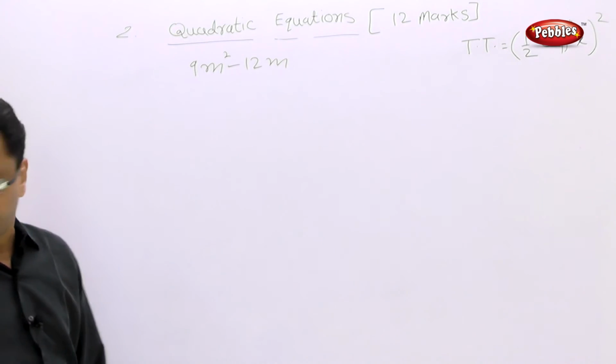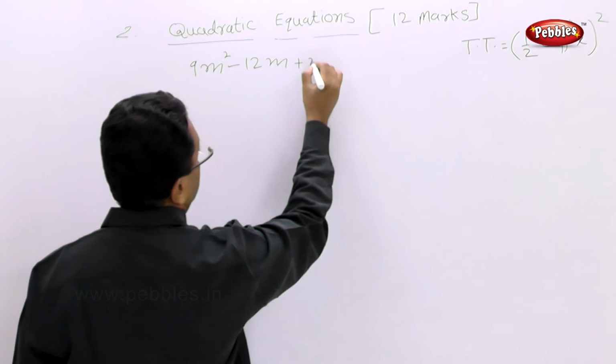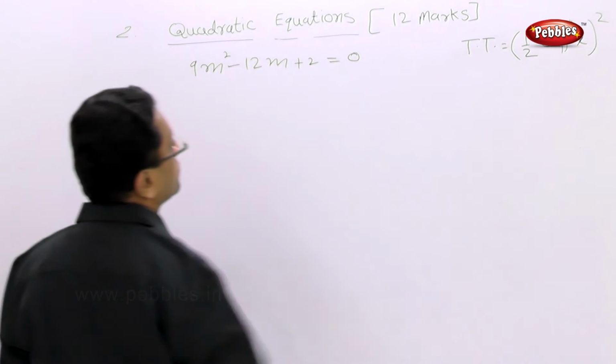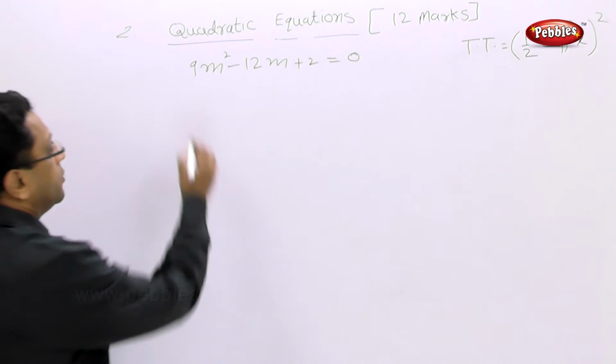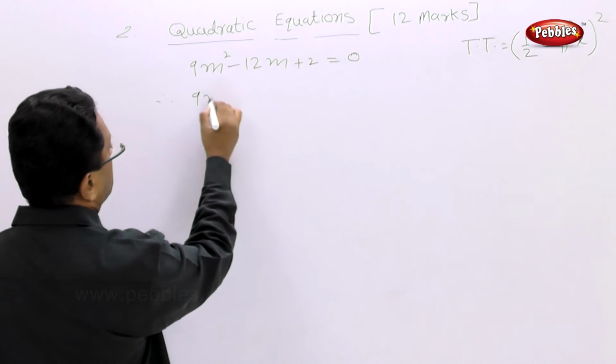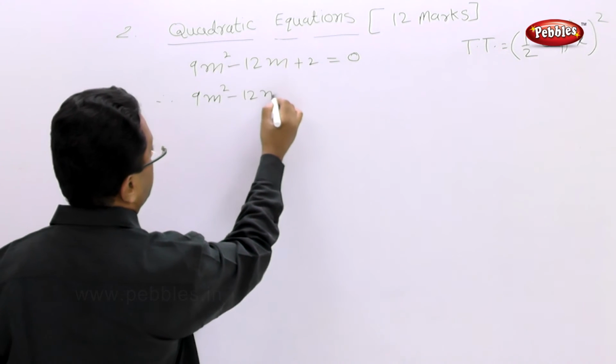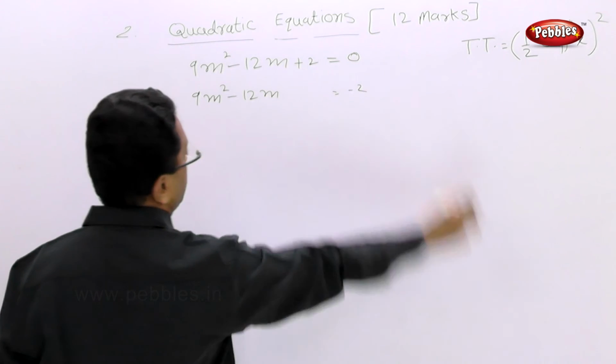9m square minus 12m plus 2 equal to 0. The first step is 9m square minus 12m equal to minus 2.